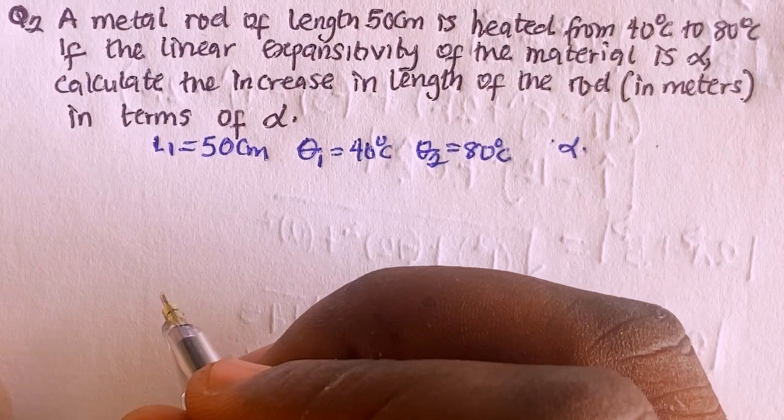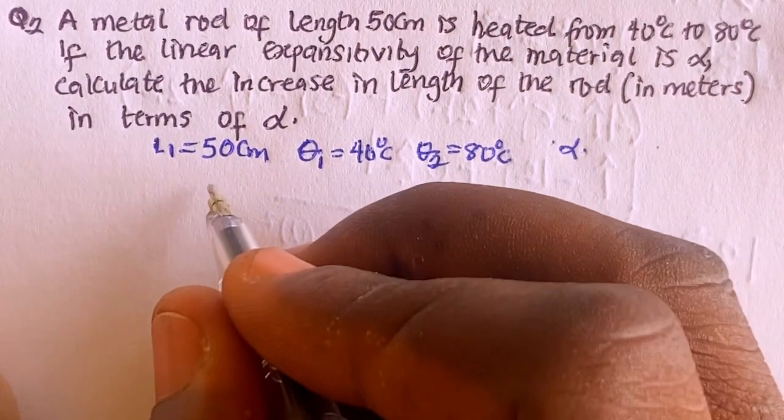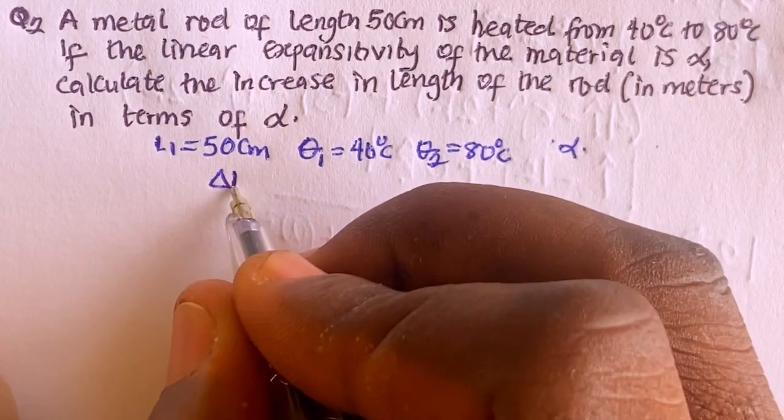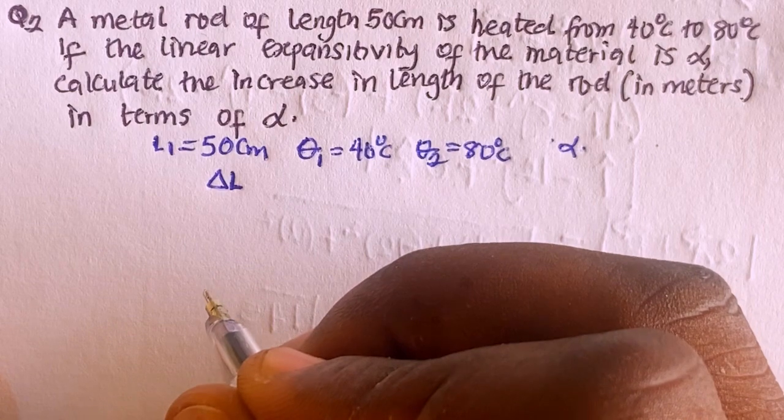The increase in length of the rod is taken to be delta L, the change in length.